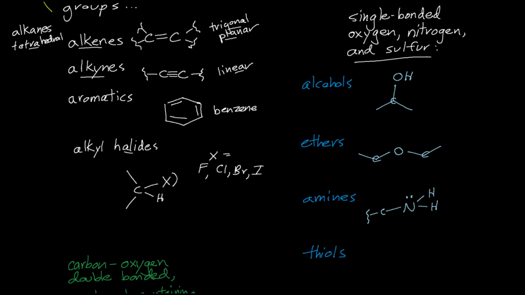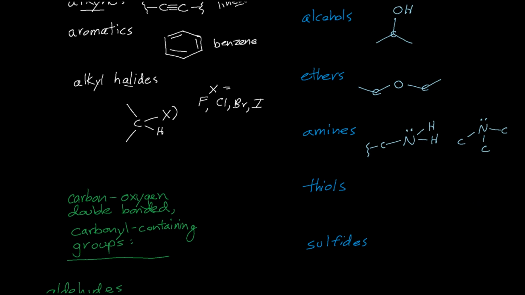The 3 bonds actually can be all carbon. So this would equally be an amine with a lone pair there. Or it could be 2 carbons and a hydrogen. Thiols are the sulfur version of alcohols. That's how I remember it. And so they have the thiol ending.